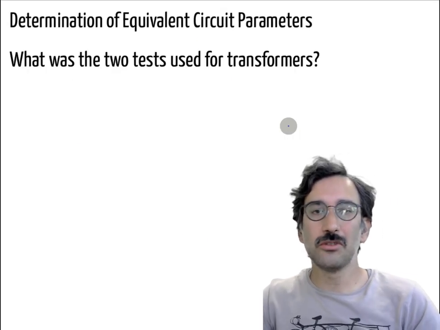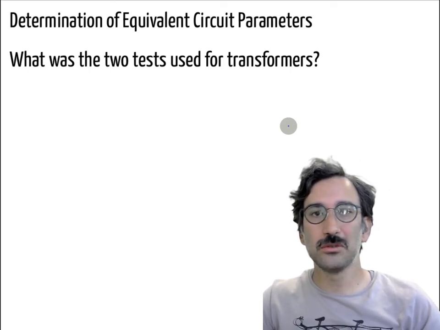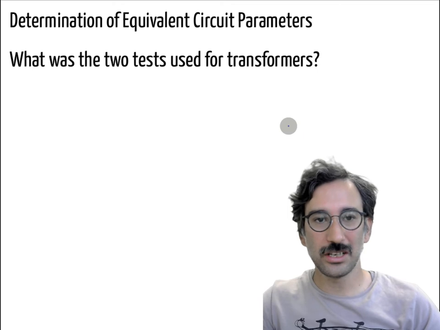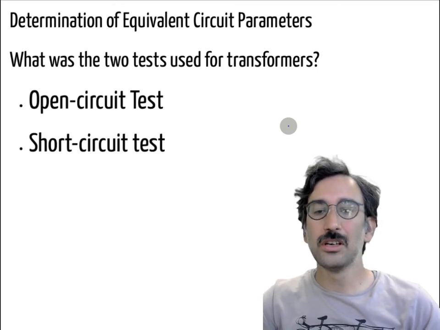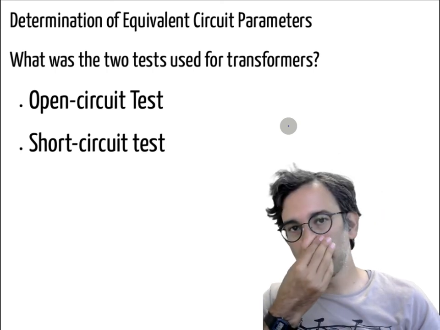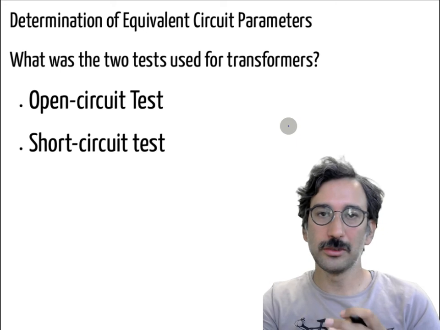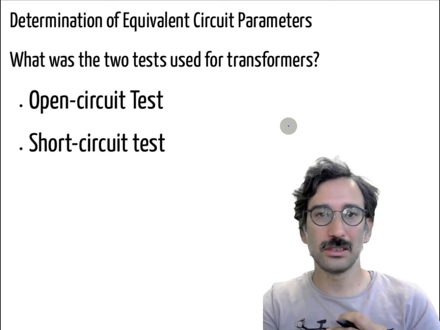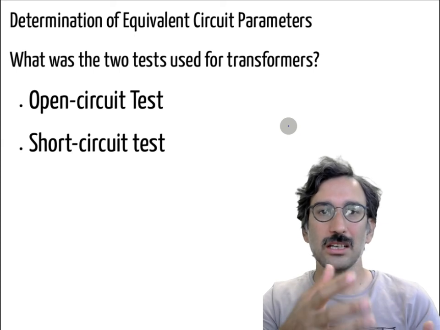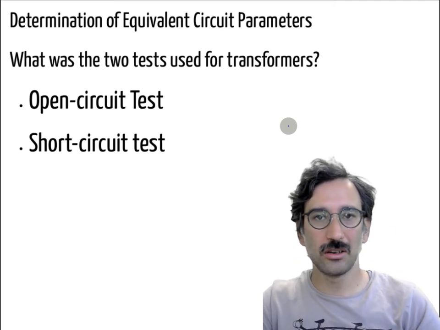For that, please remember the two tests that we used for transformers: the open circuit test and the short circuit test. Briefly, in the open circuit test we disconnect the load from the transformer, apply rated voltage, and measure the loss component, so you can find the parallel branch components.